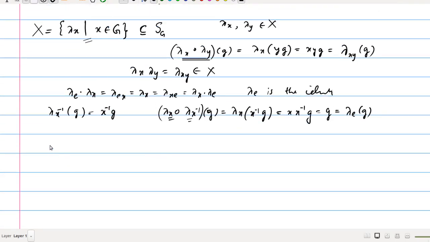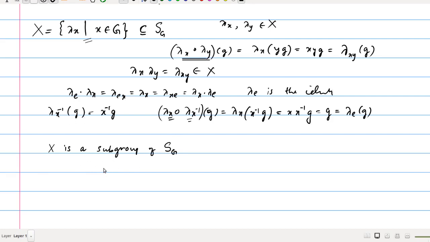So this shows that X is a subgroup, not only a subset, it is a subgroup of S_G. Now we will show that this X is isomorphic to G. That means we will define a new function, which is one-one and onto, a homomorphism.